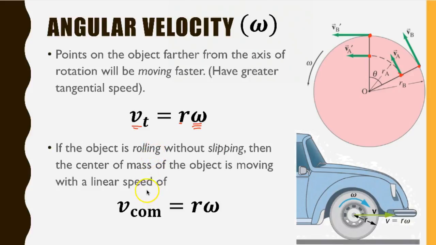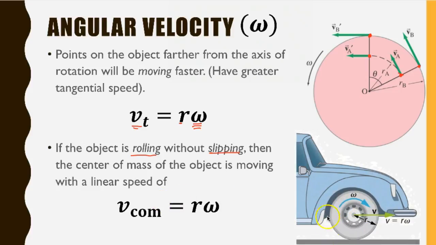Now, one really helpful thing with rotational velocity is being able to connect it with the velocity of an object's center of mass. For instance, when I'm talking about a wheel rolling without slipping, the key is that as it rolls, it also moves. There's no skidding out or anything like that.